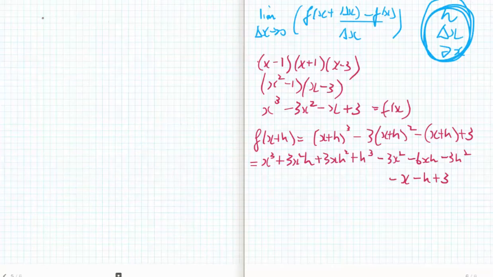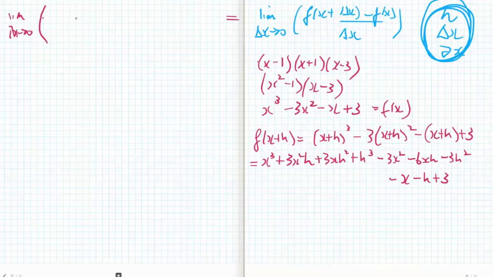Okay, so this equals the limit as lambda x goes to 0 of, I used h there by mistake, so that's okay, I can change that.